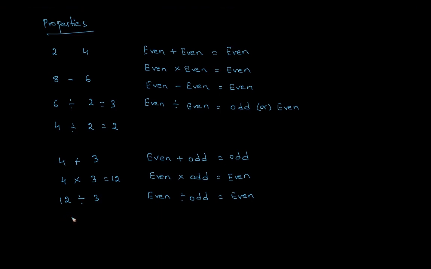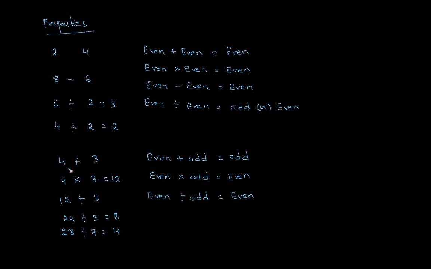If I take 24 divided by 3, what is the result? 8, right? If I take 28 divided by 7, what result do I get? 4. So even divided by odd is always even, right?